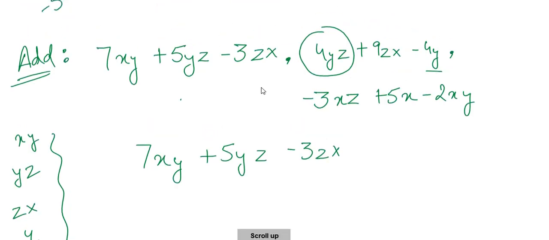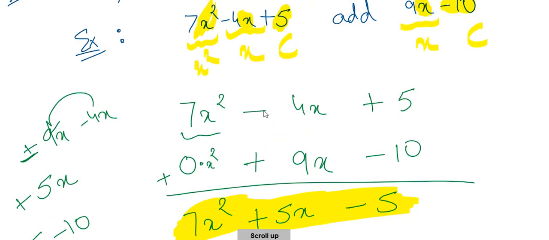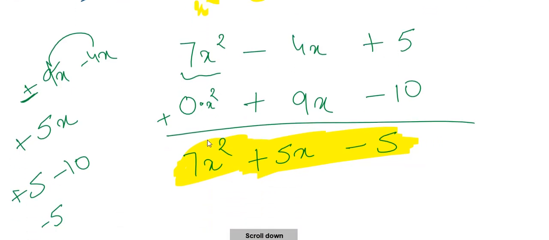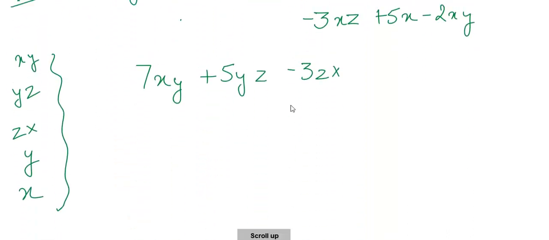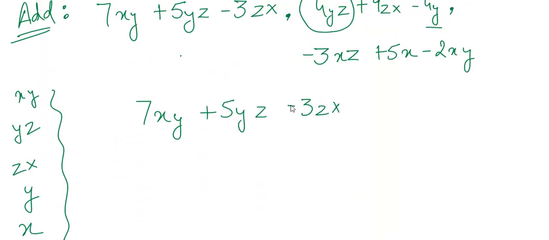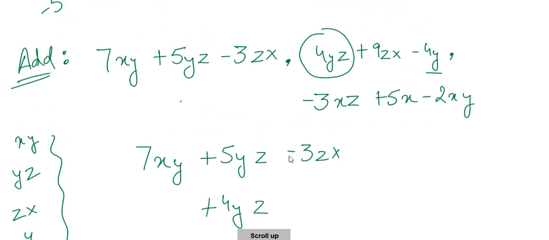What I have learned, you would always put like terms below like terms. If you have a constant, you would put another constant just below the constant. If you have x, you would put another term with x below it only. If you have x square, you would put another x square term just below the previous x square term. So if I have 4yz, I would be writing plus 4yz here only. Since no sign is given, I would be treating it as plus.